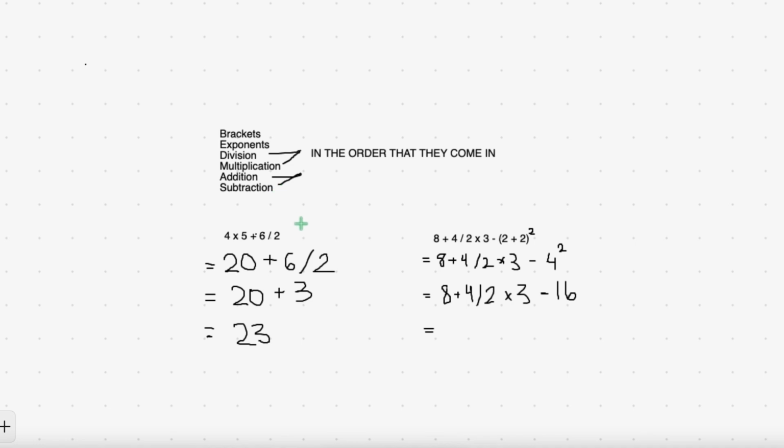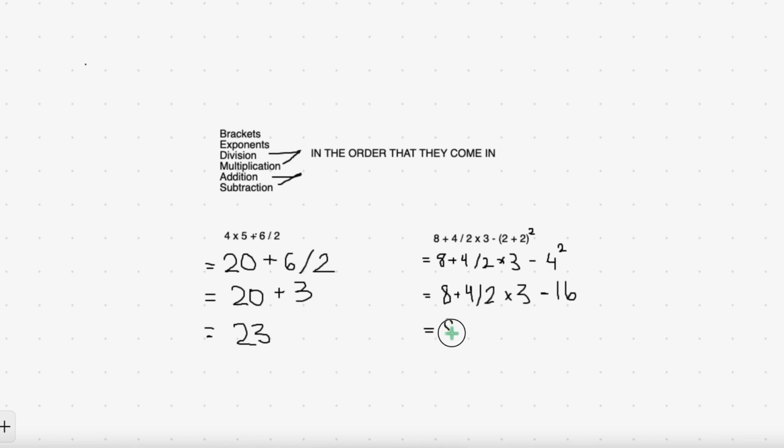Now let's look at our other operations. Brackets are done, exponents are done, and now we have division and multiplication. The reason I mention both is because they're supposed to be done in the order that they come in. Let's see which comes first. This is the first place where we see division, and multiplication comes after, so we're going to do the division first.